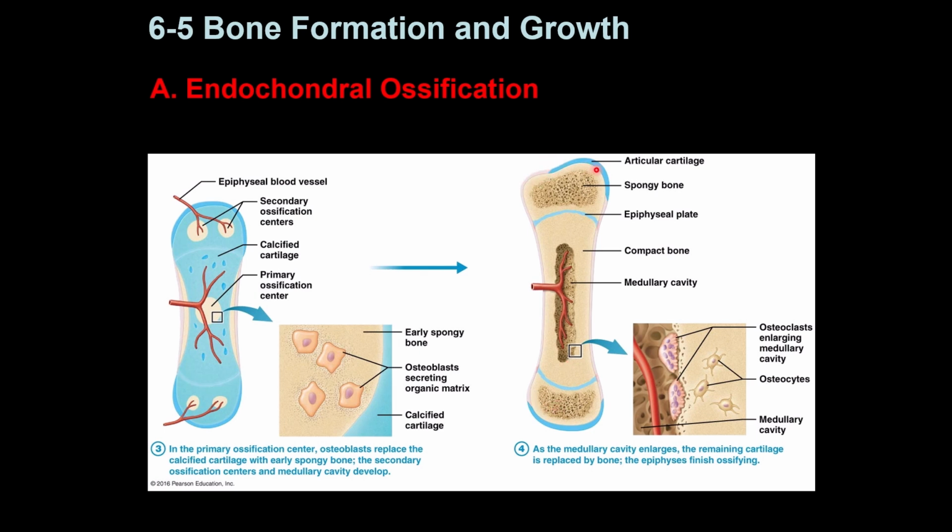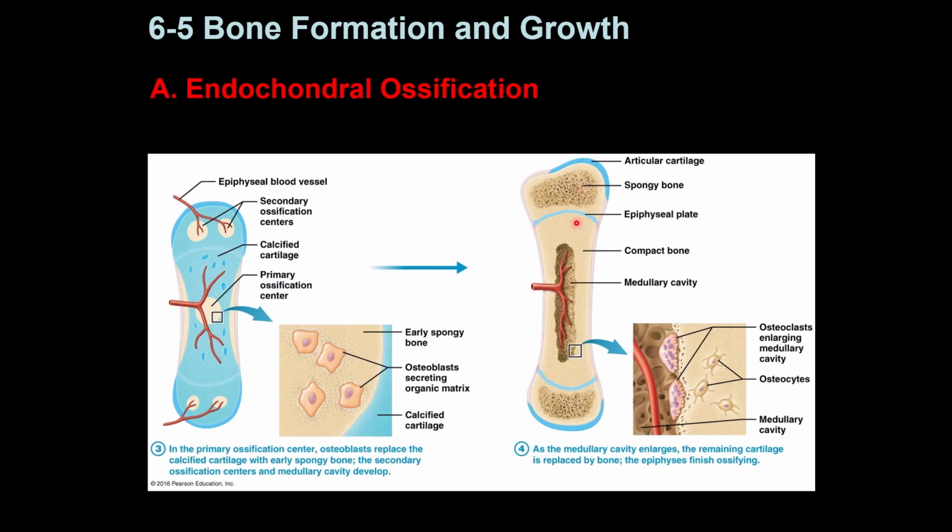The two ends will still have cartilage, because this cartilage is important for movement of the bone. Otherwise, if two bones contact each other, there's a lot of friction and damage, and inflammation will happen. But these cartilages are actually preventing any kind of damage in the bone when you're moving your joints.